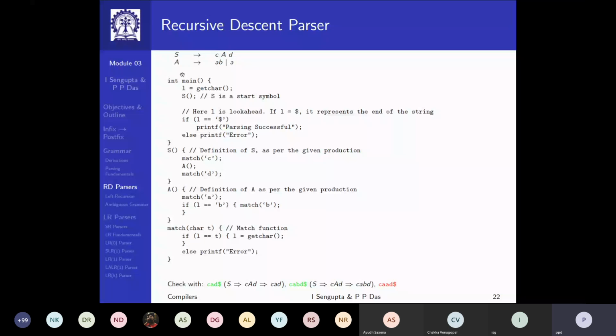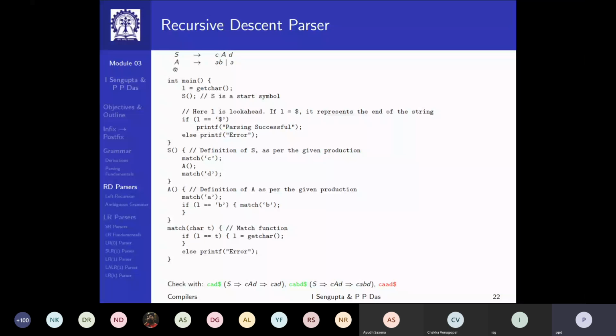This is where we are using the conventions that we have set ourselves: lowercase letters at the beginning of the alphabet are terminal symbols, and single uppercase letters are obviously non-terminals, occurring on the left-hand side. So this clearly tells us that our terminal symbol set is a, b, c, d from the right-hand side. Our non-terminal set is S and A, because these are the only two which occur on the left-hand side.